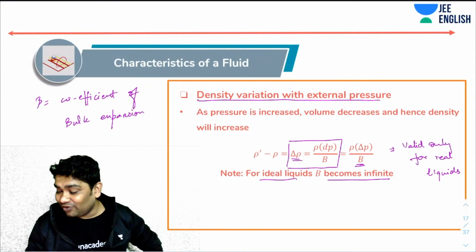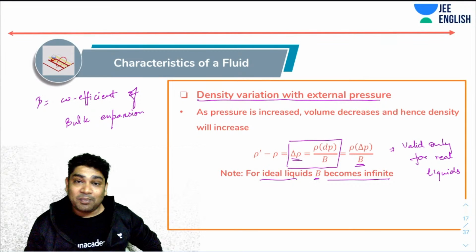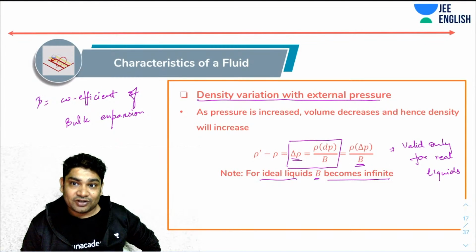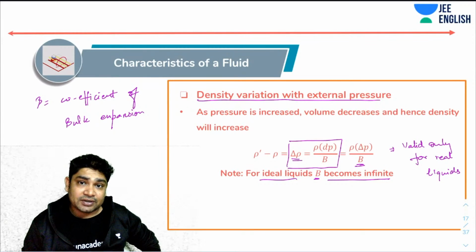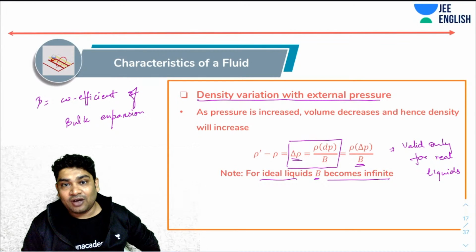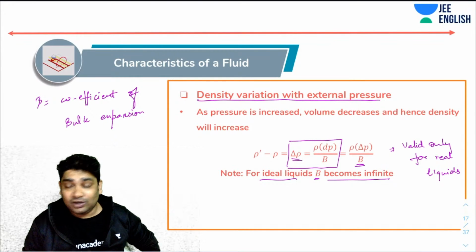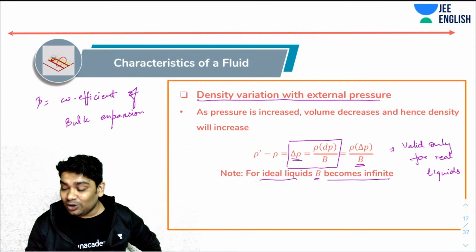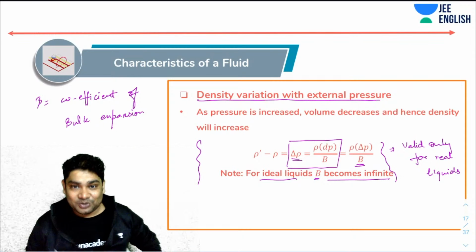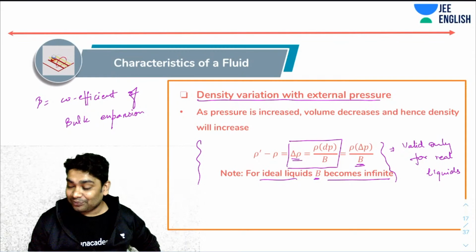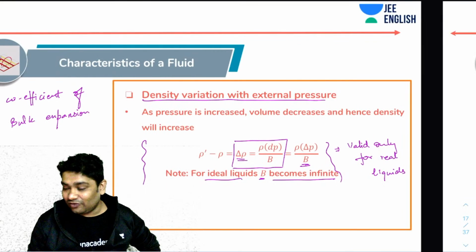Or in other words, you can say for ideal liquids, I can consider that the coefficient of bulk expansion is infinite. So they do not respond to any pressure change. Okay, for ideal liquids, there is no density change seen for a pressure change. Again, since we are focusing only on that, we will tend to ignore this. Okay, but just in case a question is asked, you should memorize this formula. Okay, we generally do not use this very often.